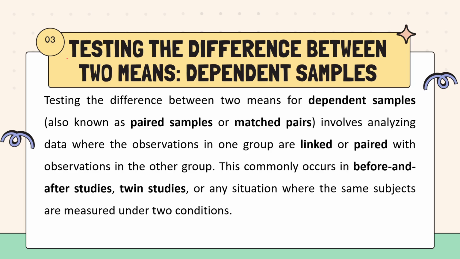This commonly occurs in before and after studies, twin studies, or any situation where the same subjects are measured under two conditions.